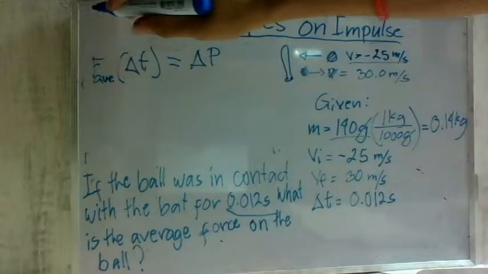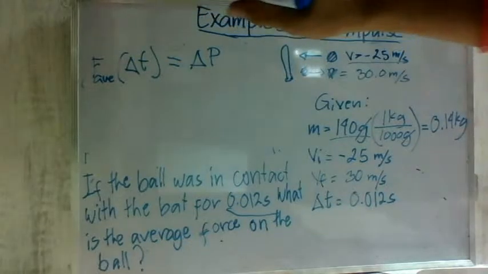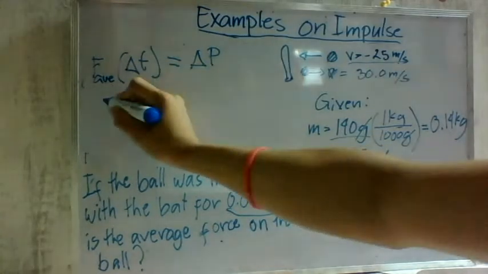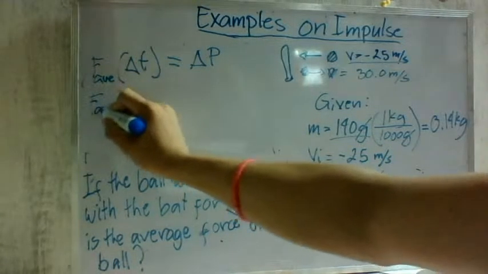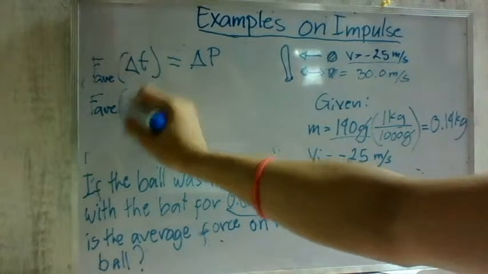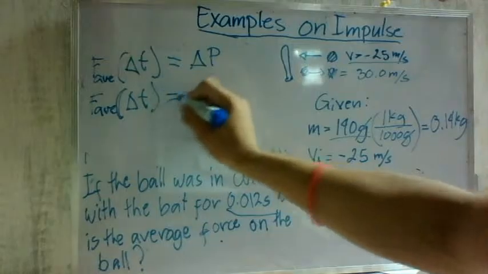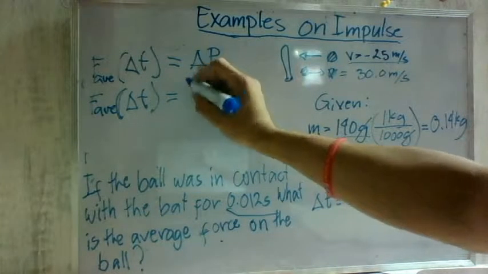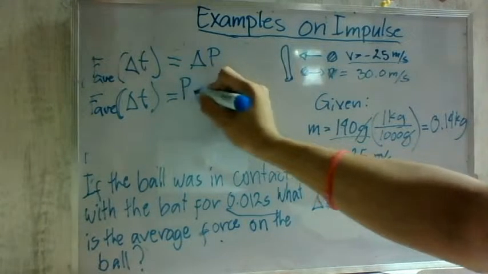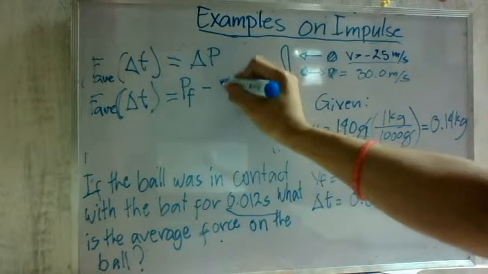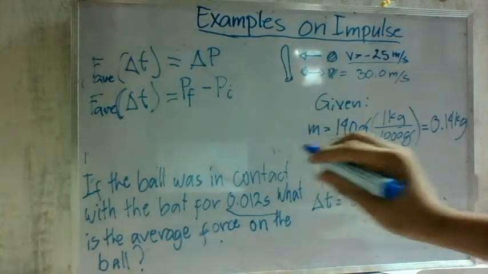So force average times change in time is equal to, ang change in momentum is momentum final minus momentum initial.